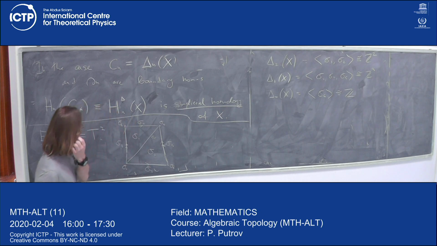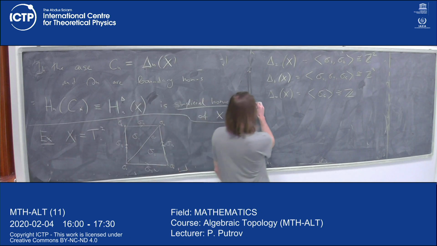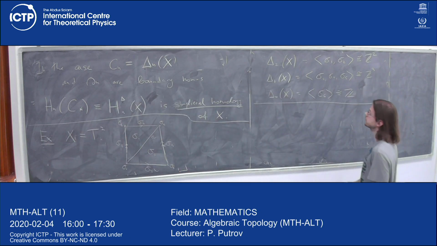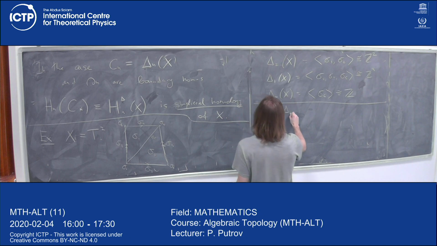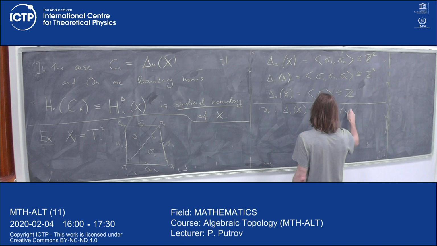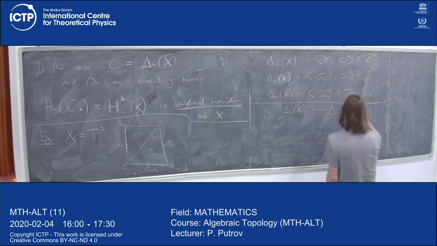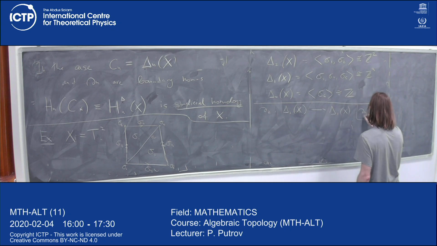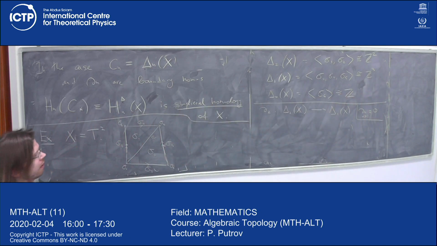Now we need to determine how the boundary maps act between them. Let's start with d_2, a map like this. Of course, we know that for n greater than 2 they are just identically zero, since there are no higher dimensional simplices.